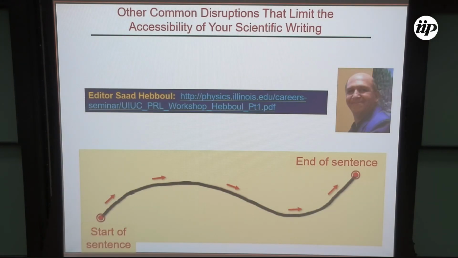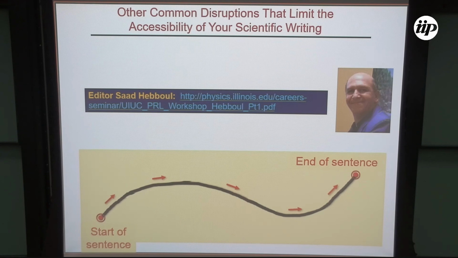Okay, so those are a couple of the big picture structural disruptions that can disrupt the narrative flow. Our class and also SOD emphasize some smaller scale disruptions that, even if you do have a logical structure in your writing, keep the reader constantly stopping and saying, okay, what does this person mean?